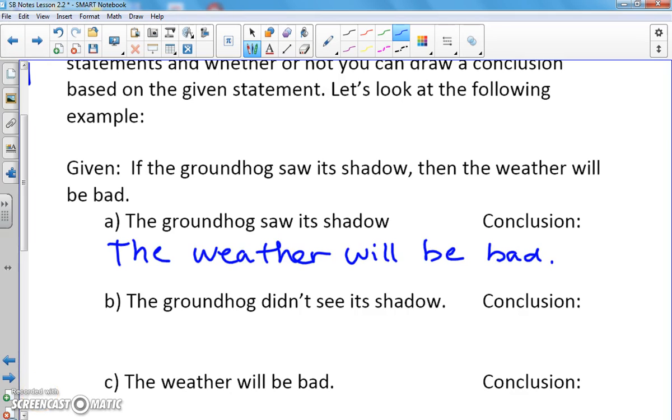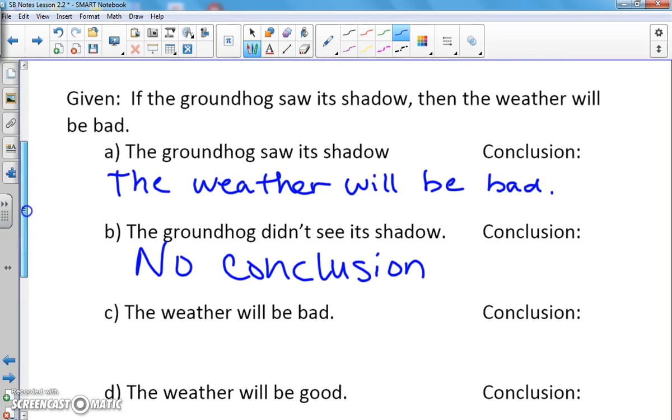So what if the groundhog doesn't see its shadow? Well, here we've broken the hypothesis. Since we don't know anything about the hypothesis, we cannot draw any conclusion at all. If we know the hypothesis is true, then we know the conclusion is true. If we don't know the hypothesis is true, the conclusion might be true or it might be false. We just don't know. So what if we go backwards?